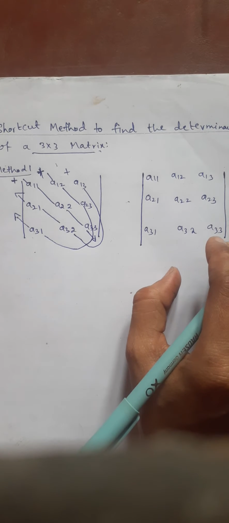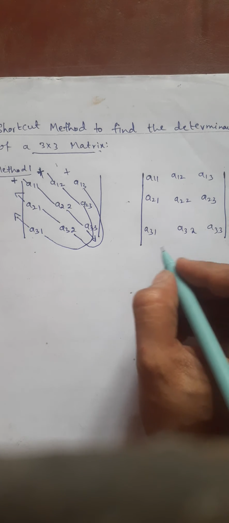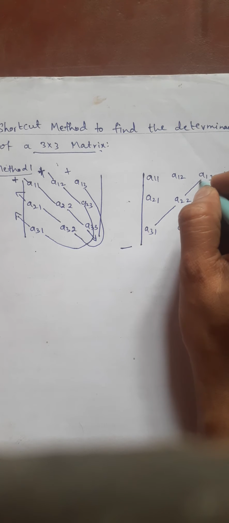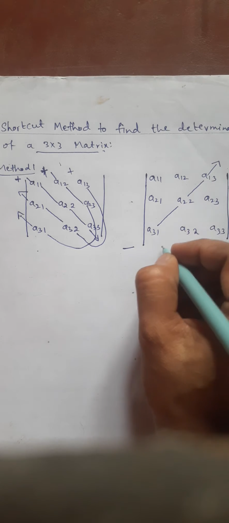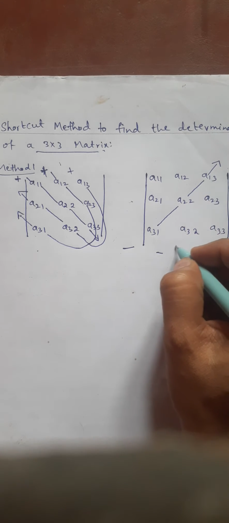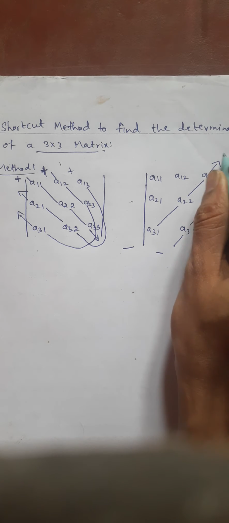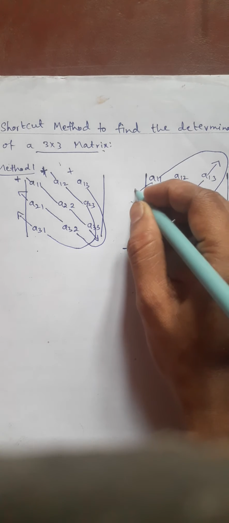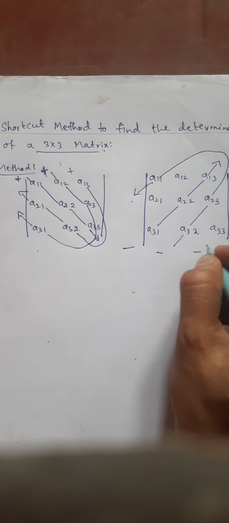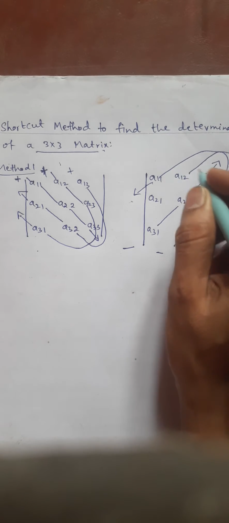So you have to subtract the terms: minus, take A31 into A22 into A13, minus A32 into A23 into A11, minus A33 into A12, A21.